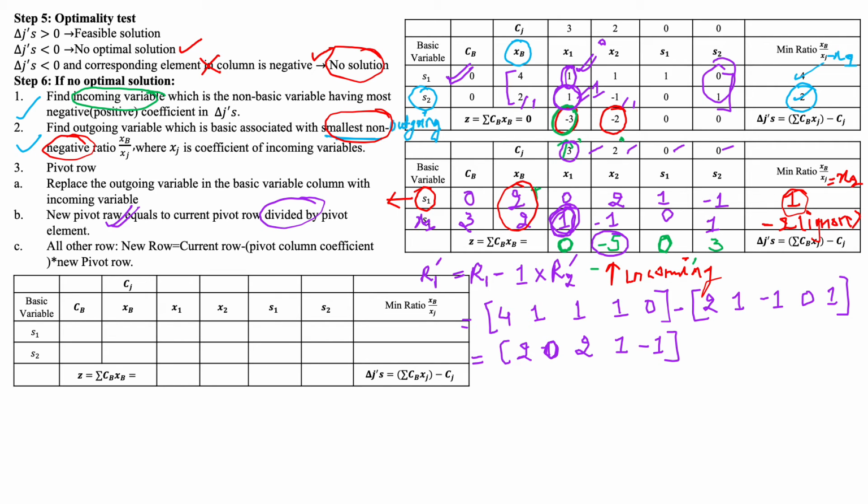And what is the pivot element? Pivot element is 2. Okay, so in the new table x1 is here. I will just rewrite it.